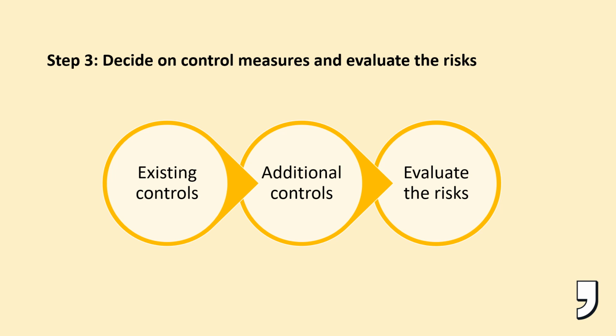So for example, if it's a charity bike ride and we add in an additional control of everybody wearing a helmet, we then need to say, okay, we've added in the helmet as an additional control measure. Has that reduced the risk? And therefore, how much has that risk been reduced?